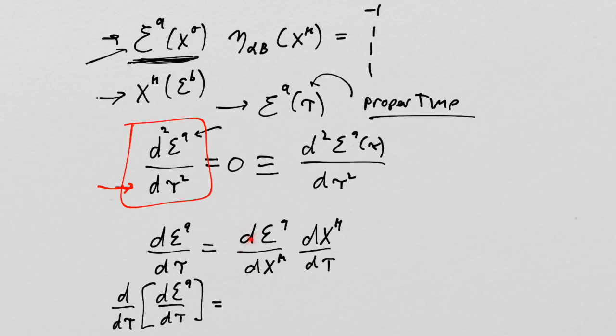This chain rule. This is now being considered as a function of x^μ, and x^μ is being considered as a function of tau. I guess I should make that clear, right? Here we're using e_a of x^μ, and we're using x^μ of tau. And in this other coordinate system, this is the path of the particle.